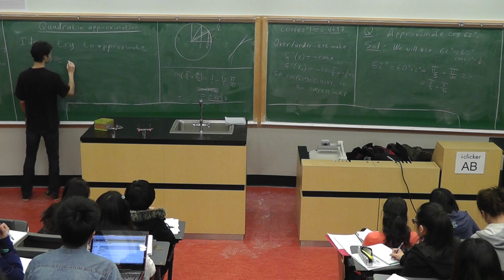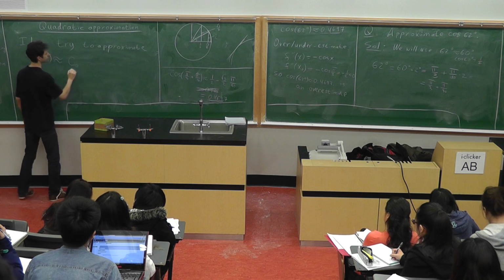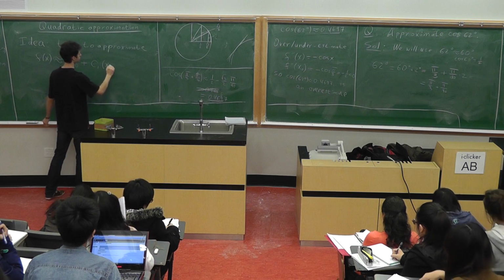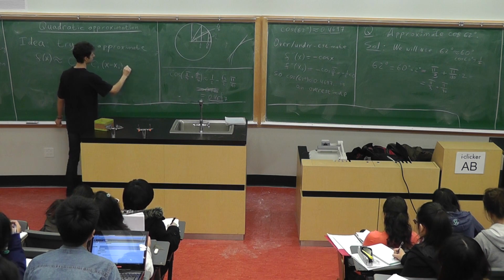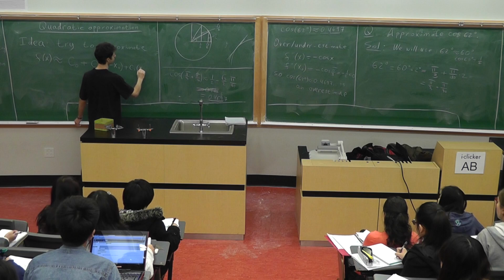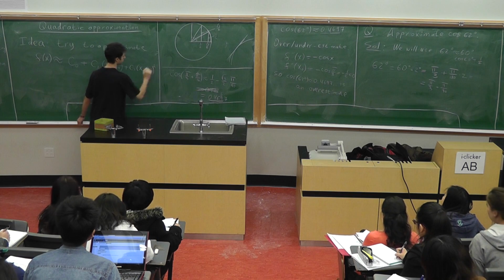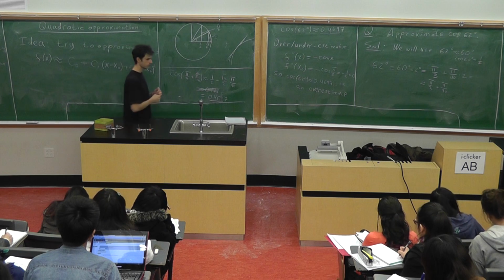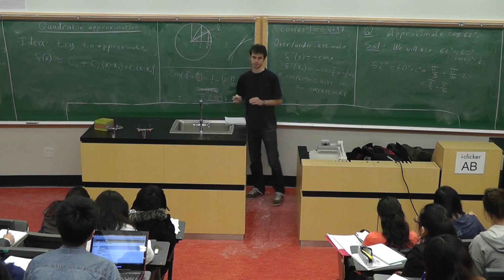A quadratic polynomial looks like this. It has one coefficient, plus another coefficient times x, plus another coefficient times x squared. This describes a parabola.